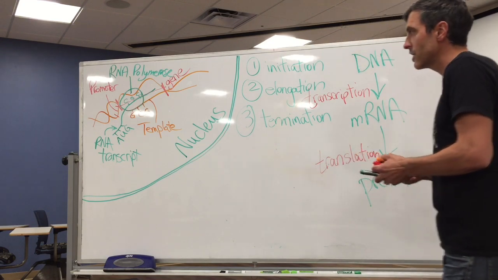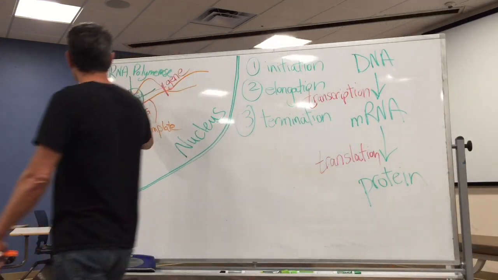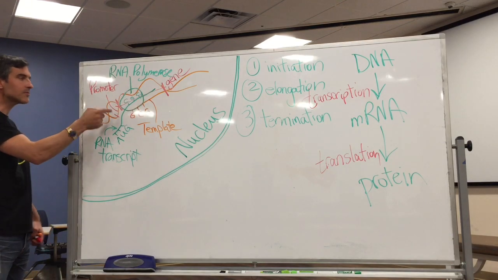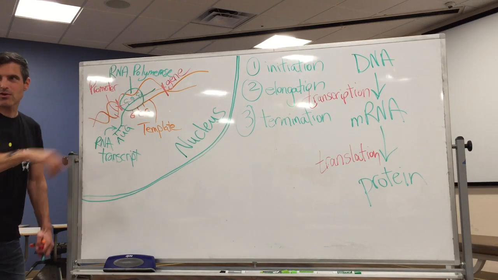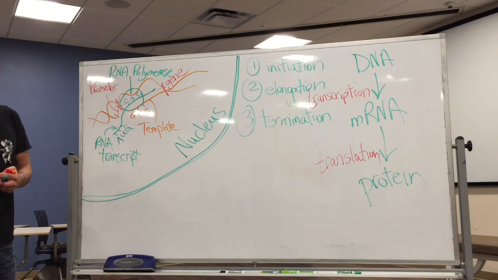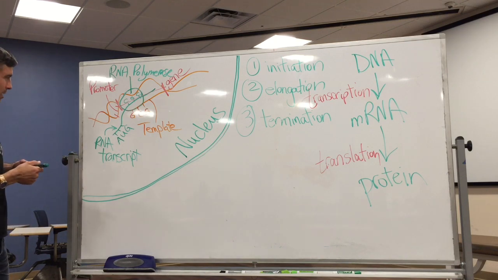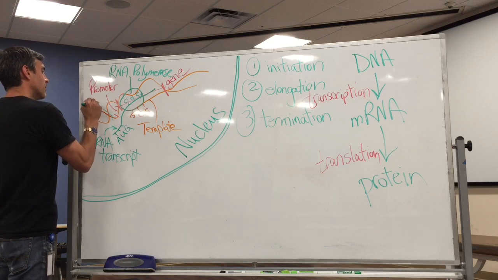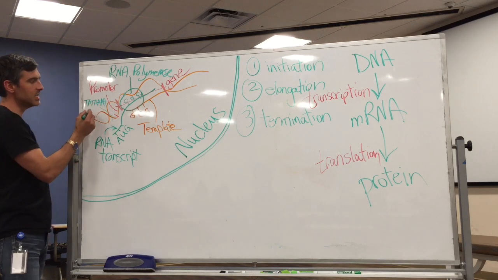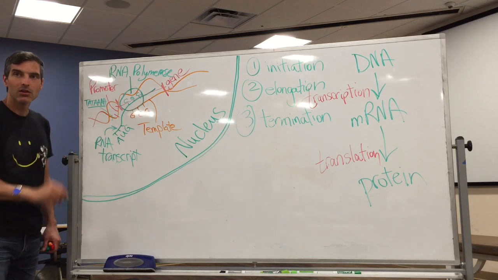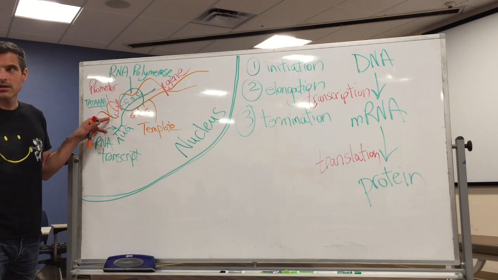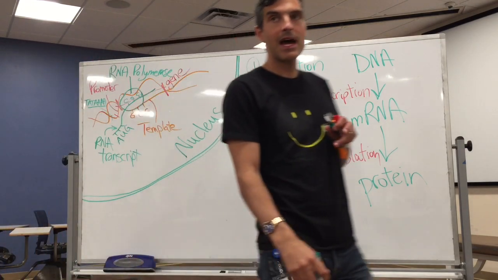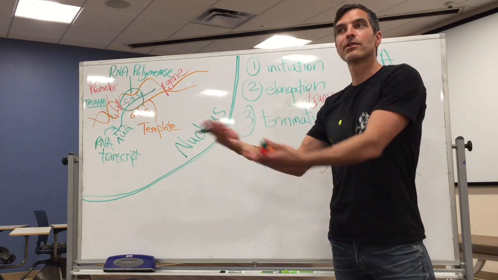So initiation, we already started over here. That's the promoter. There is something that's right before the promoter. The TATA box. So it would be right before here. Scientists, when they're sequencing a genome, can look for this type of coding in the DNA, and that gives them the signal that here comes a gene.